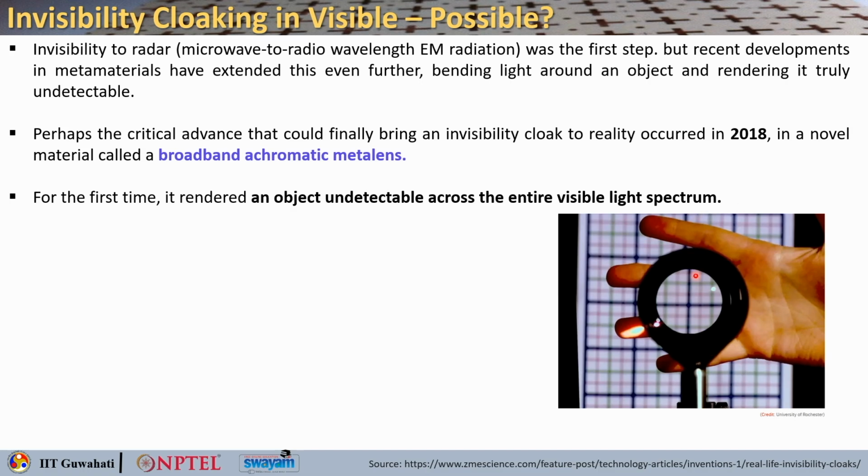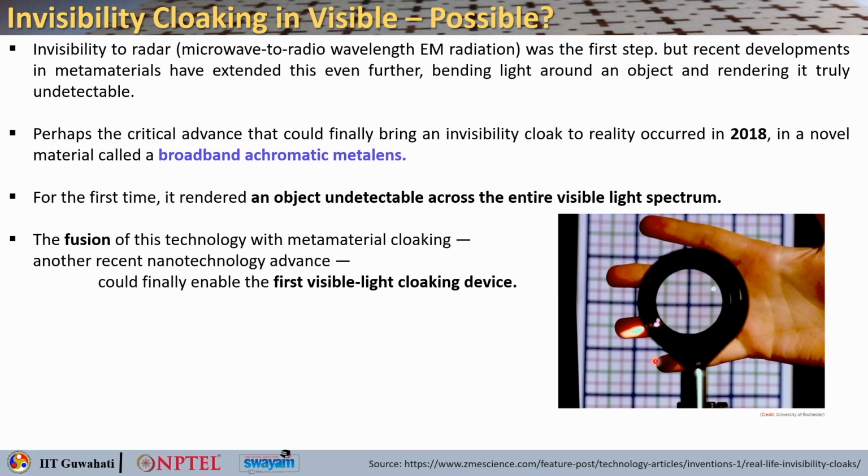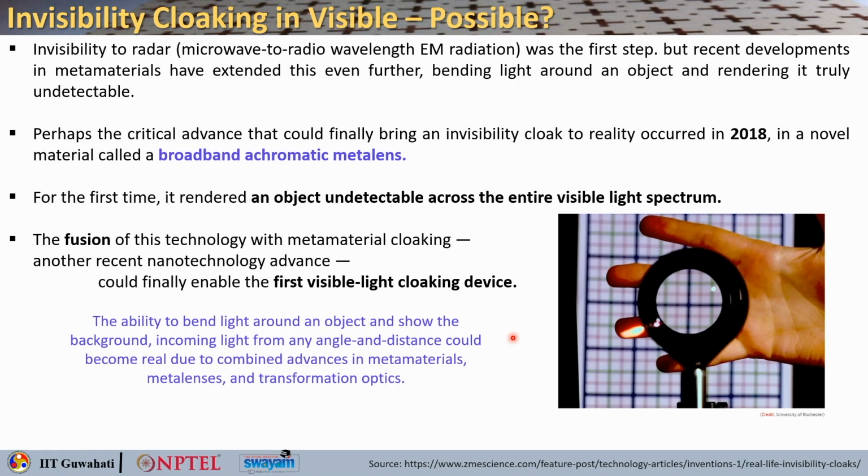So this is a real world experimental photo where the fingers of the person are not visible, right. So the fusion of this technology with metamaterial cloaking, and with the recent advancement in nanotechnology, can enable the first visible light cloaking device for all angles. It is actually a very complicated task, but the research is still in progress to achieve this feat.